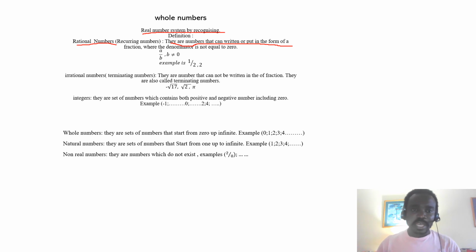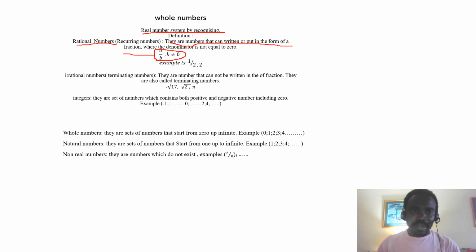Every rational number can be put in this form, which is a over b, where b must not be equal to 0. If b is equal to 0, then it is not a rational number.